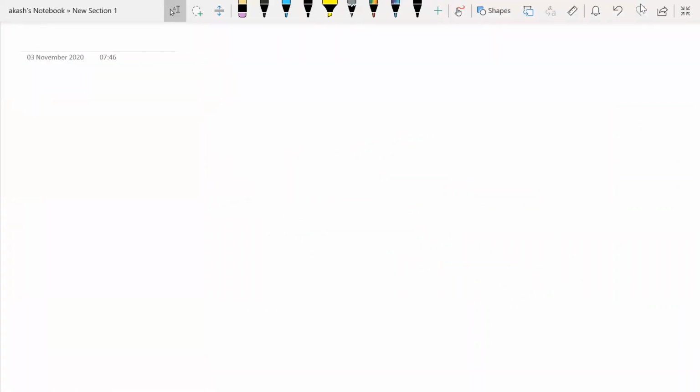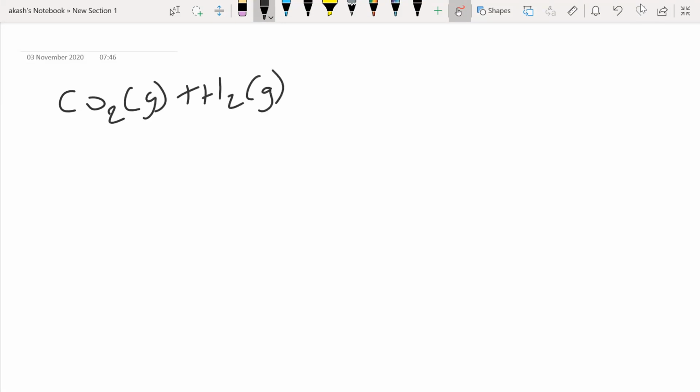Okay, your question, people. They have given me this equation: CO2 gas plus H2 gas gives CO gas plus H2O gas.